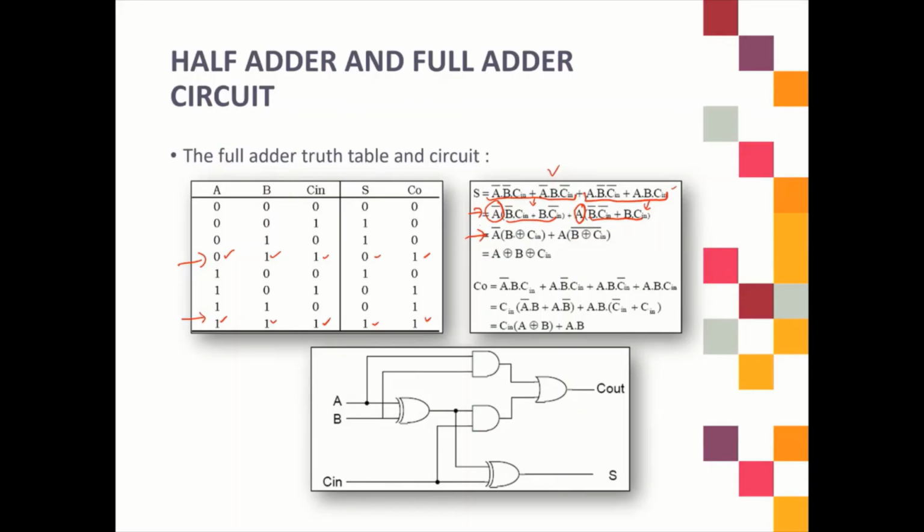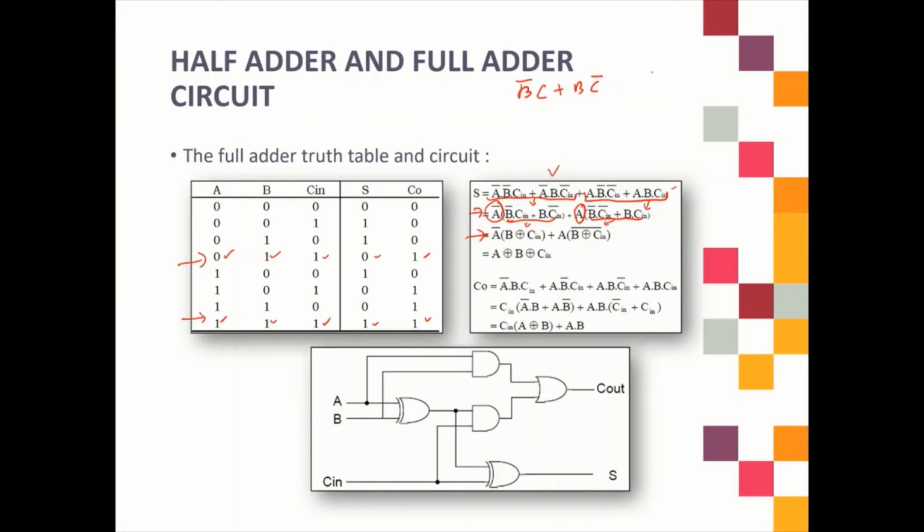how does this product term or this equation change to this one? If you refer to the equation, B bar C plus B C bar actually follows the format of XOR.